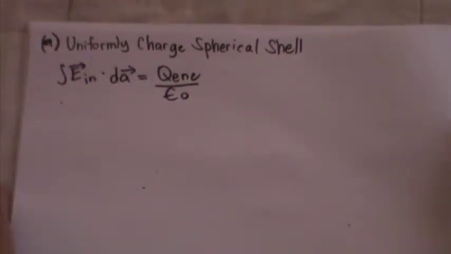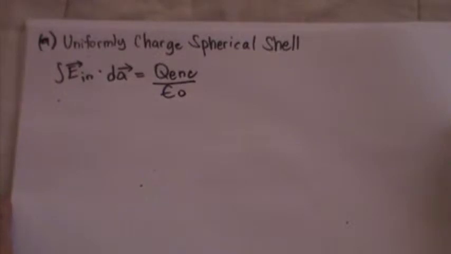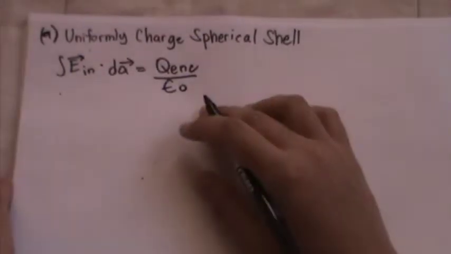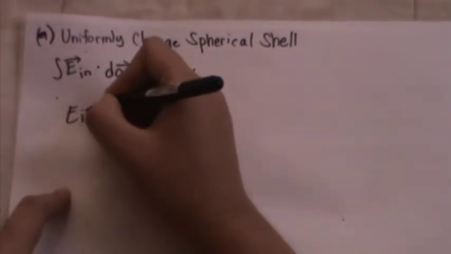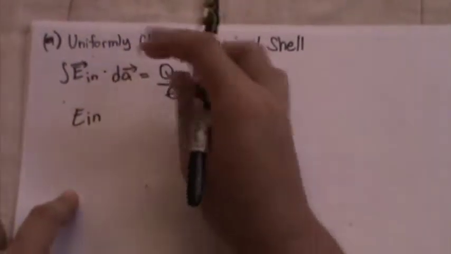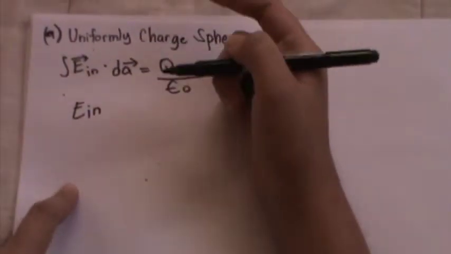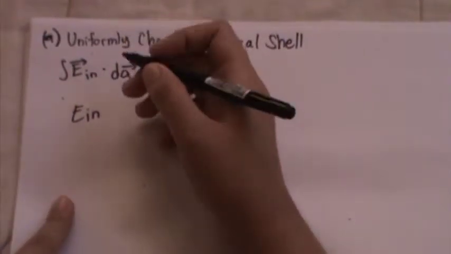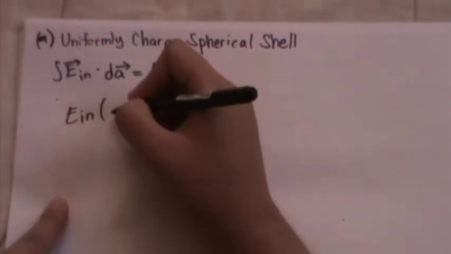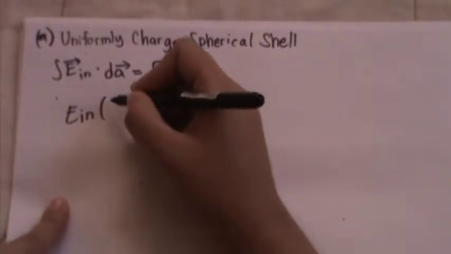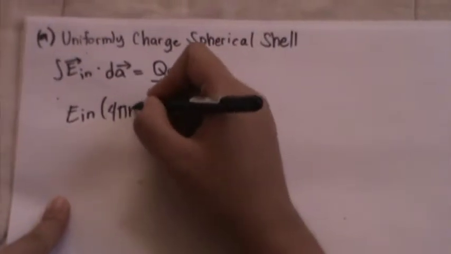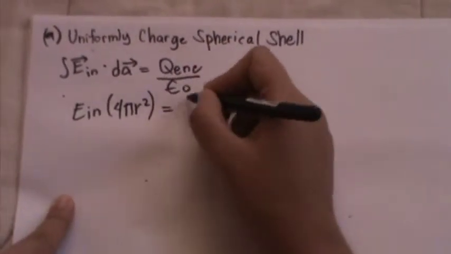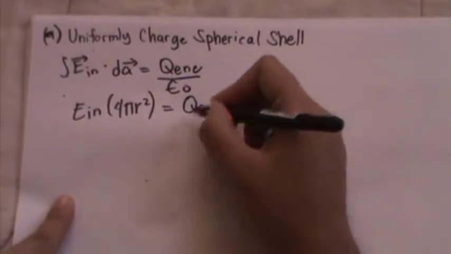Now we have to put the area of this sphere. So we have E in, and let's omit the vector arrowhead first so that we can manipulate it easily, multiplied by the area of the spherical shell, 4 pi r squared, is equal to Q enclosed over epsilon naught.